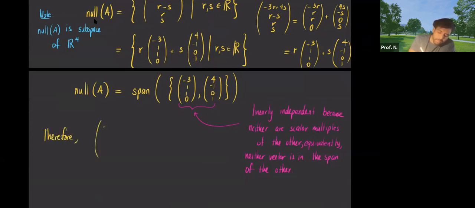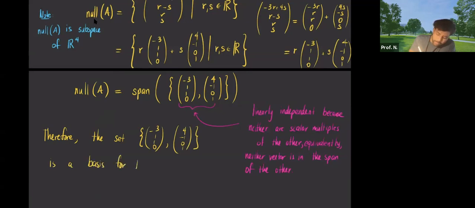Therefore, the set -3, 1, 1, 0 and 4, -1, 0, 1 is a basis for the null space of A.